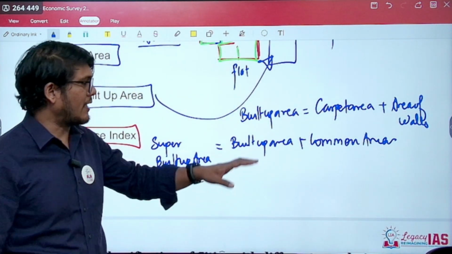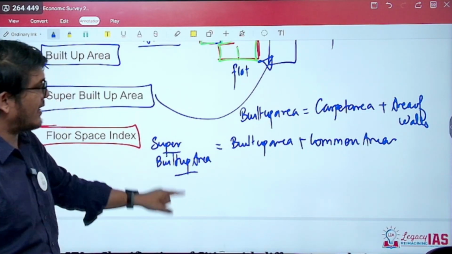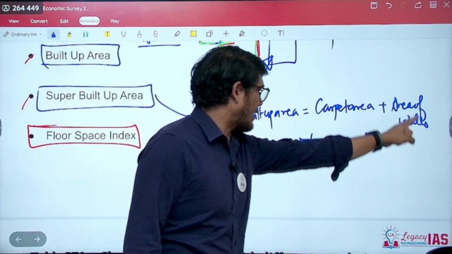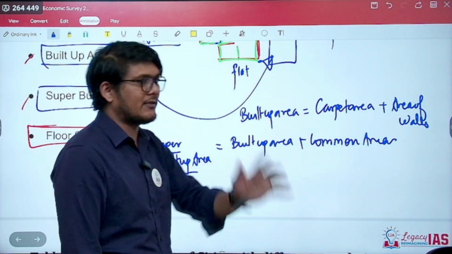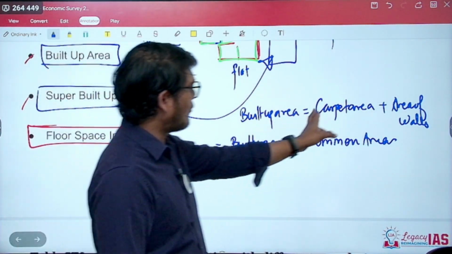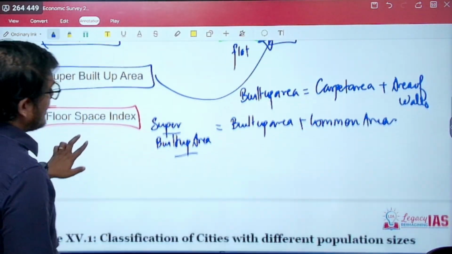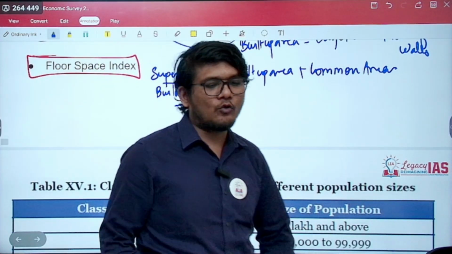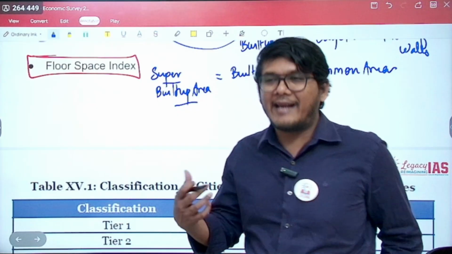So this is the relationship that you should know. Hence, you can also say the super built up area is the carpet area plus the area of walls plus the common area, or you can simply say it is the built up area plus the common area, and the built up area is carpet area plus area of walls. So these are the concepts with respect to the building of an area or a room or a flat, etc.